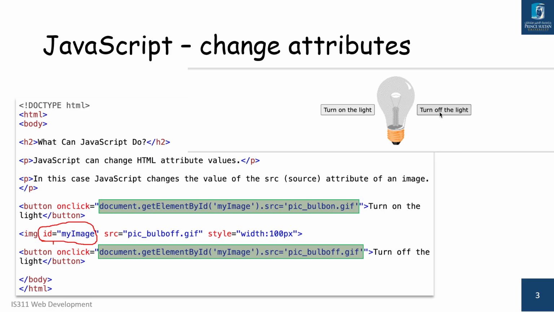Okay. So what I am saying here, inside the HTML document, find an element. I'm not specifying which element. I say find an element with the ID name my image. It will find that image and then change its image source based on which button we are clicking. Is it clear?